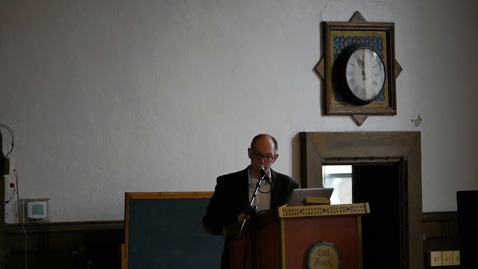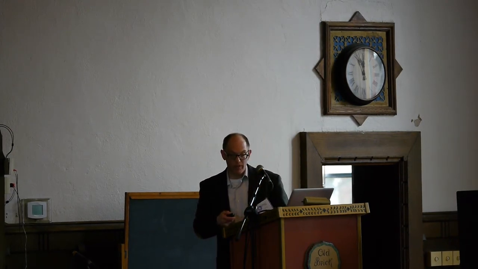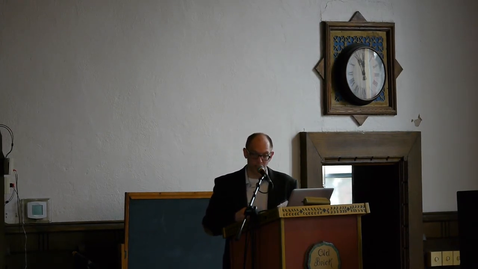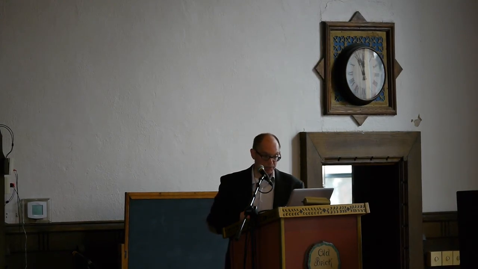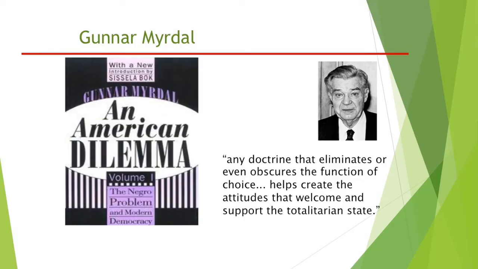Myrdal argued that New Deal programs forced the rural poor, especially African Americans, into a subsistence lifestyle and offered little hope for advancement. A condition he likened to a dictatorship arose between the owners of capital and those who were forced to eke out a living on cotton plantations. One of the famous quotes of that book, in the introduction, is that any doctrine that eliminates or even obscures the function of choice, the choice of where to live, helps create the attitudes that welcome and support the totalitarian state.